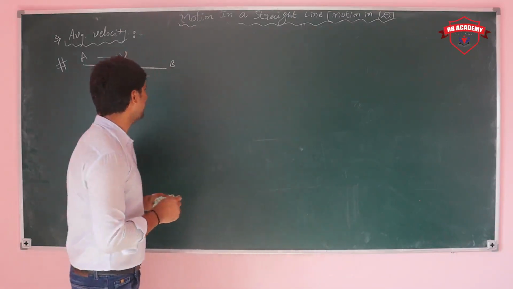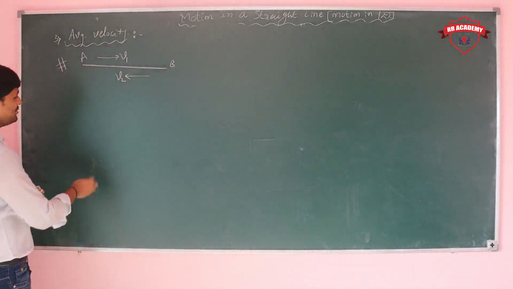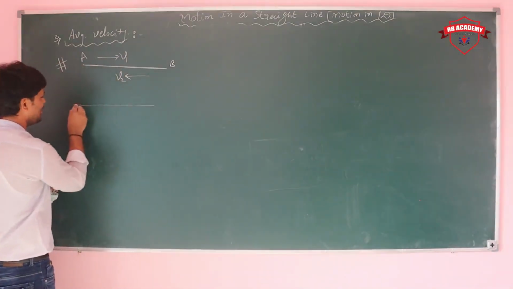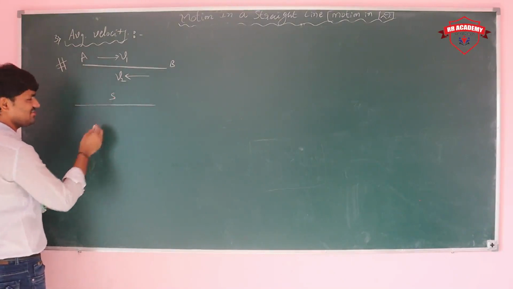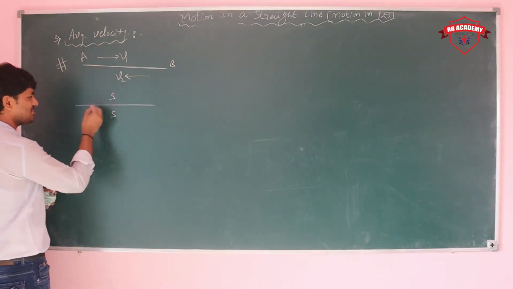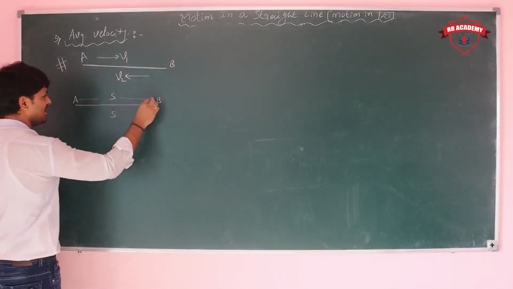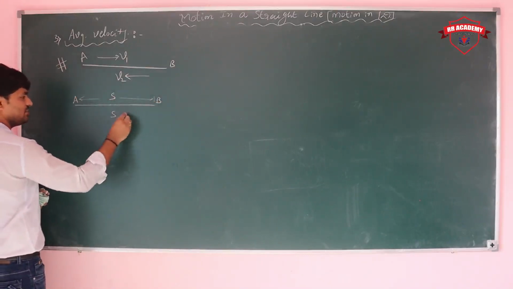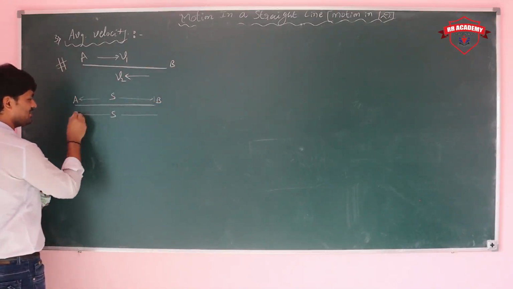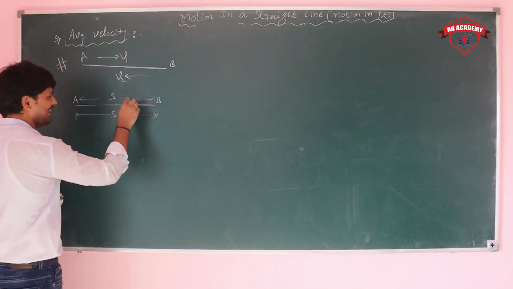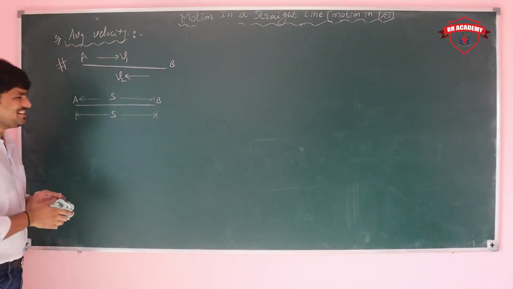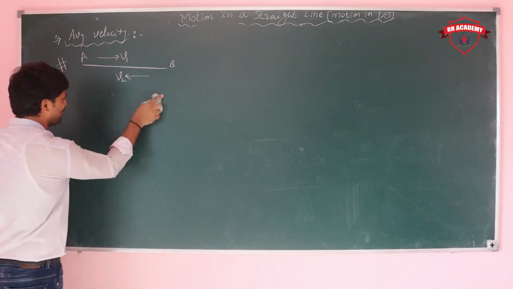See here, you can calculate the average speed. A to B is how much distance? S distance. B to A is also the same distance. So whenever it travels equal distances, what is the average speed formula?